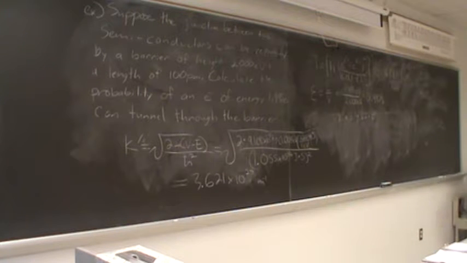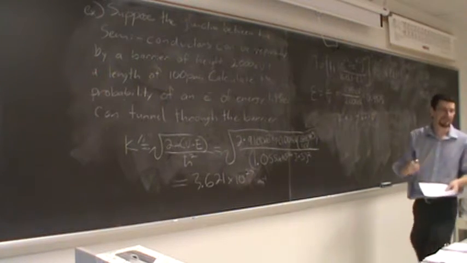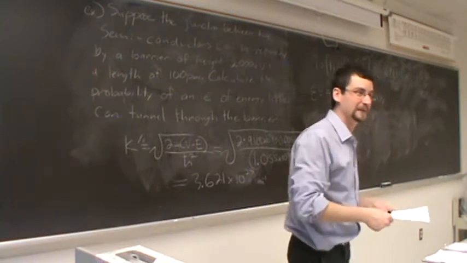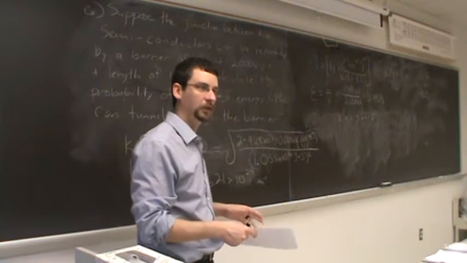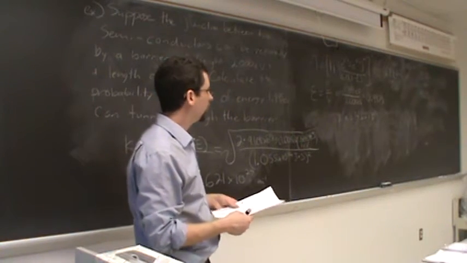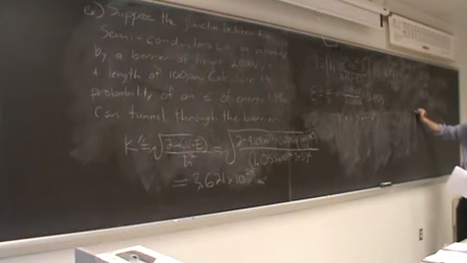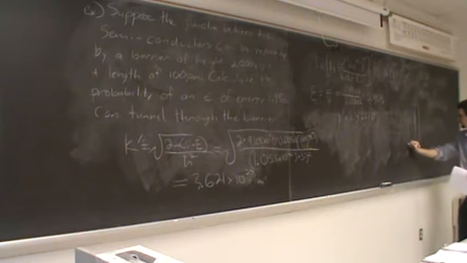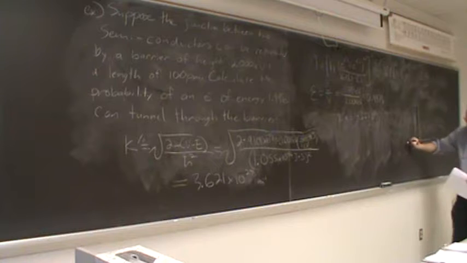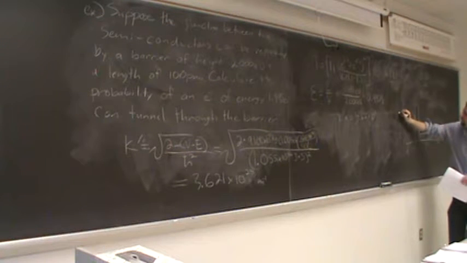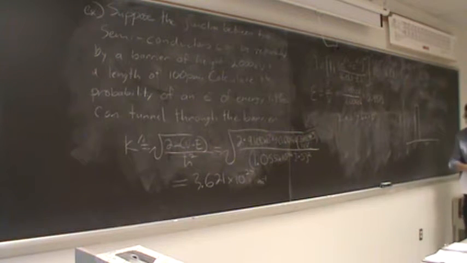Why the major difference? What's that? Electrons are tiny. Yeah, they're tiny. Their mass is much, much less. So if we were to consider we have our potential here, and we have our wave function.